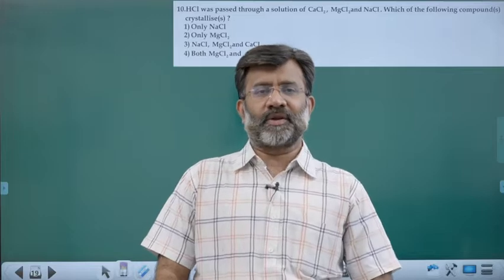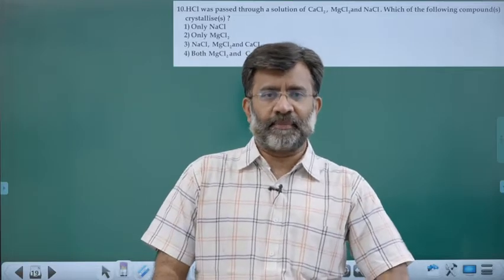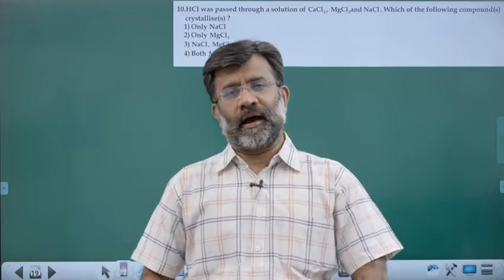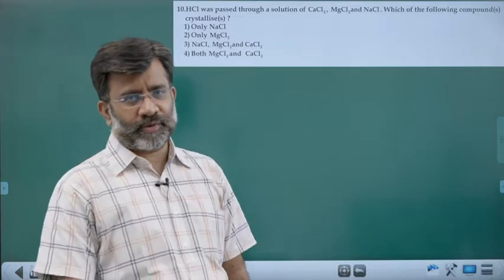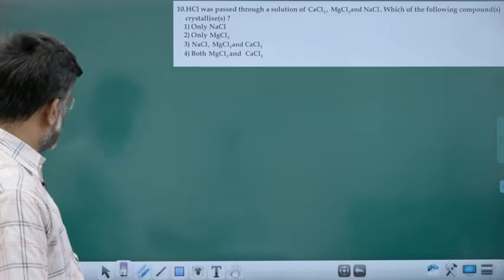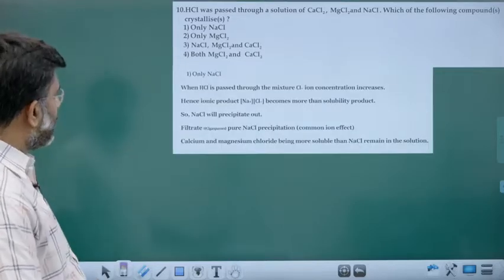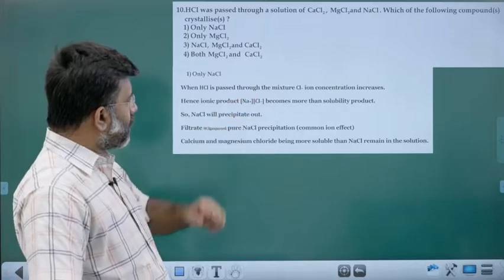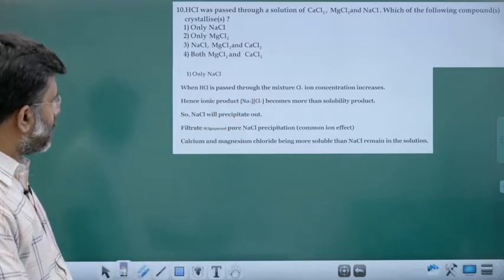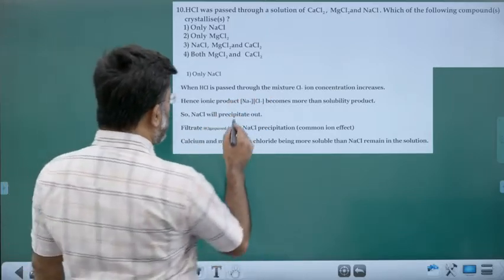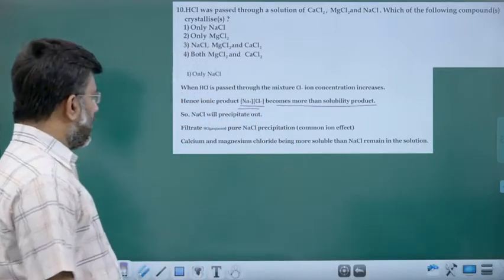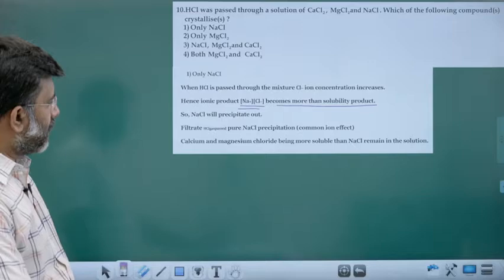In the soap industry, a process called salting out of soap is done using this particular process, and it is NaCl. When HCl is passed through the mixture, the Cl minus ion concentration increases, hence the ionic product becomes more than the solubility product, and NaCl will precipitate out.